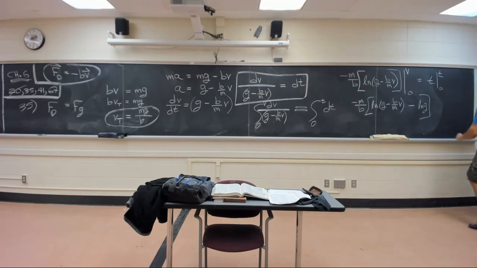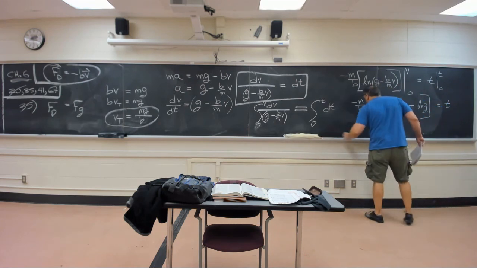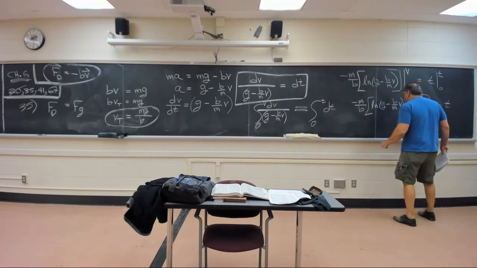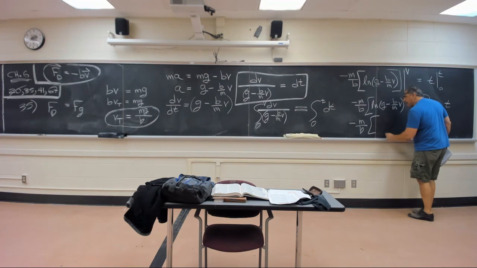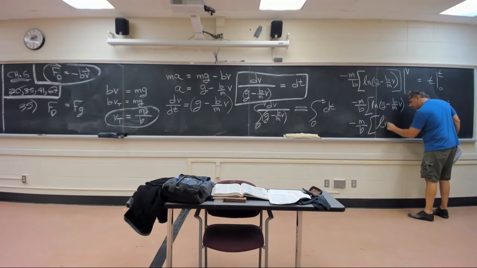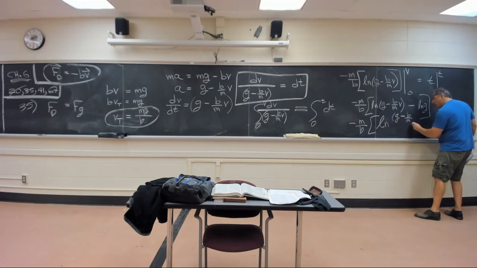So that's fine, nothing wrong with that. And we got a t right here. Now, you guys know that the difference of two logarithms is the logarithm of the quotient. So it is coming out something like this. ln, go right here.